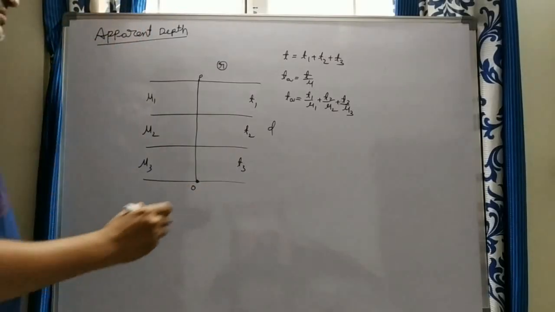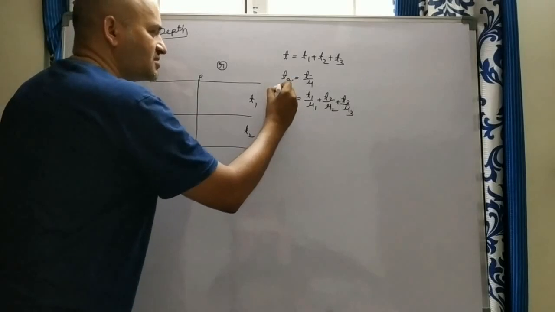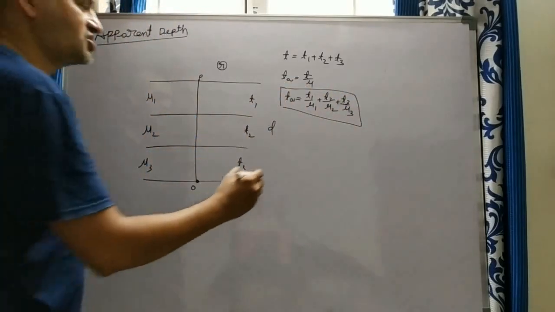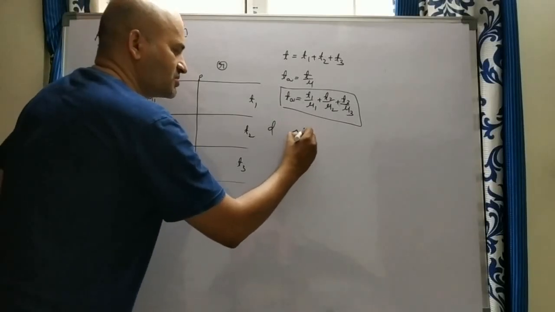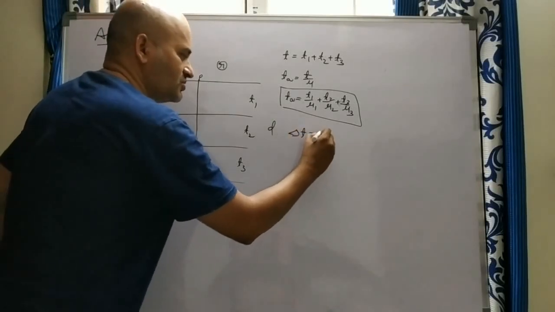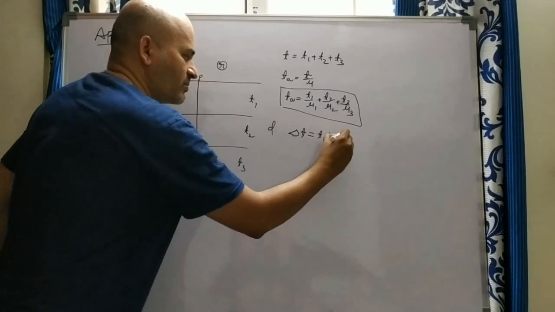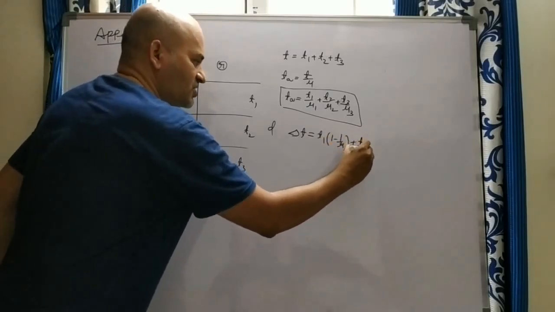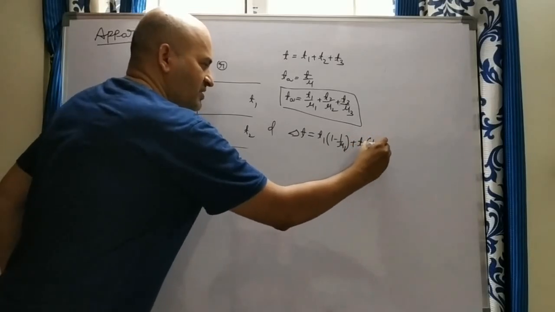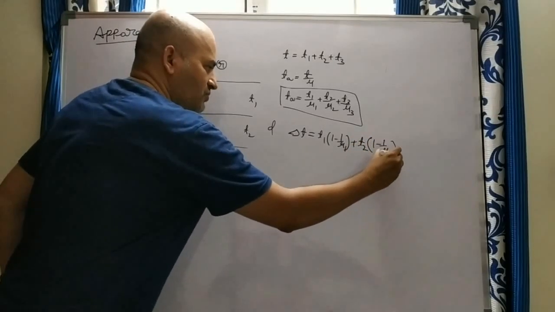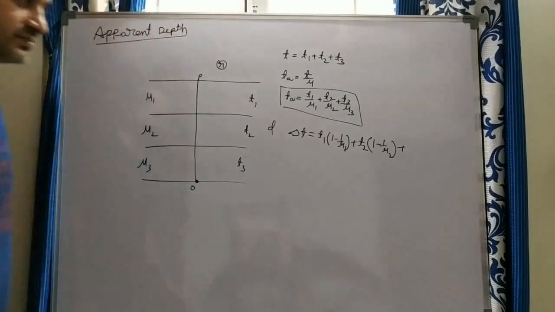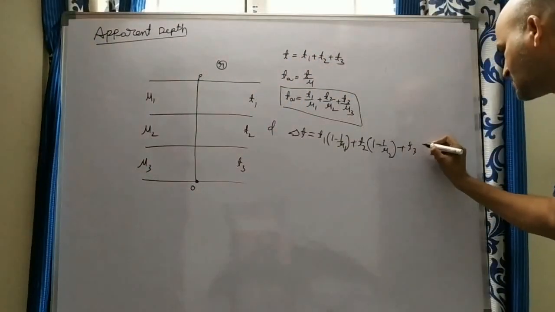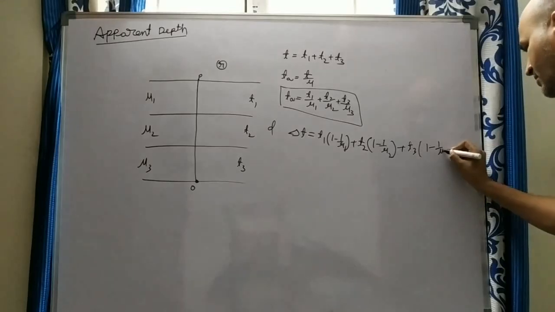This is the apparent depth, and the other is the actual depth. What is the shift? Shift, or delta T, is T1 into 1 minus 1 by mu1, plus T2 into 1 minus 1 by mu2, plus T3 into 1 minus 1 by mu3.